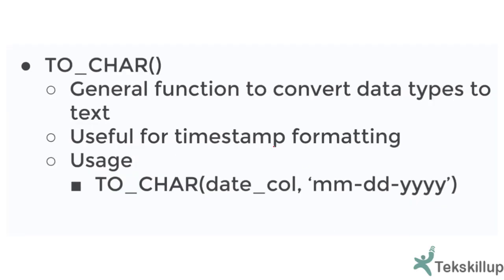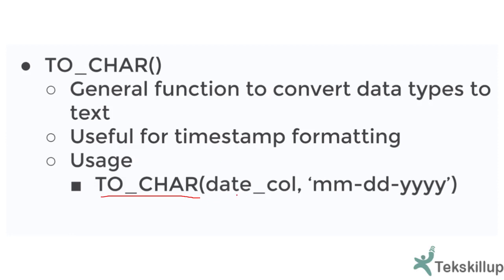If you are to use the to_char function here, this is a general function that converts data types to text, right? So it converts data types to text, and it also provides useful information for timestamp formatting. And this is going to be the usage of it, where you provide the function name, to_char, followed by parentheses.